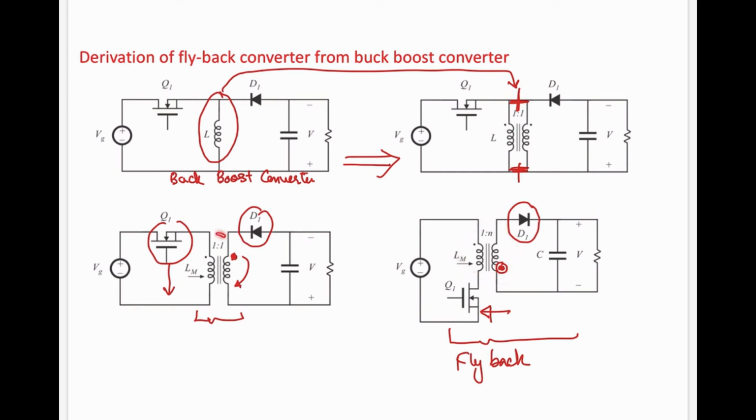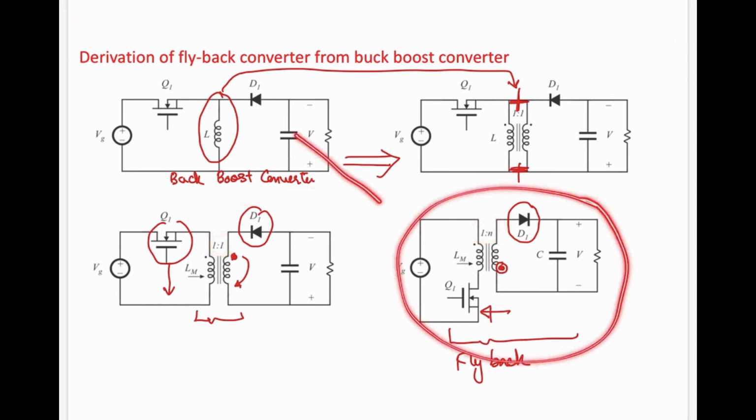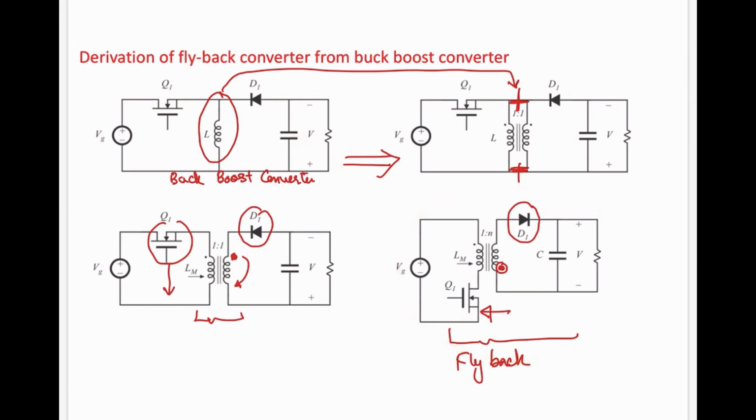So instead of 1:1, you can have 1:n. So this is your flyback converter derived from this buck boost converter. The isolated version of the buck boost converter is basically your flyback converter.